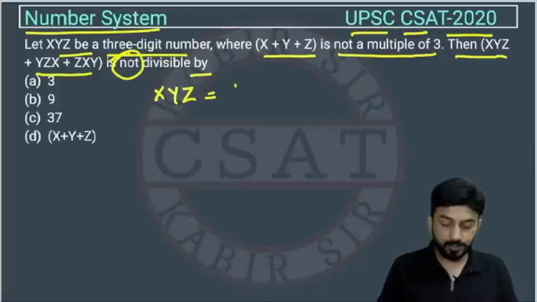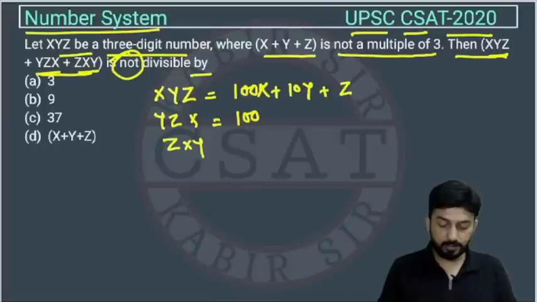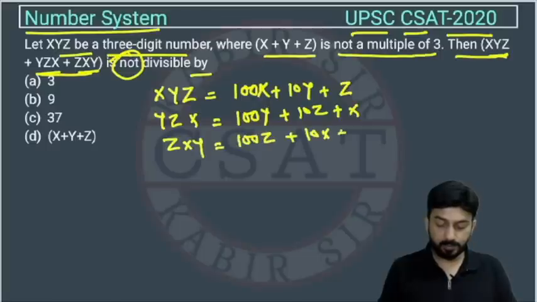So there is the number xyz, so how can we write this number, this xyz can be written as 100x plus 10y plus z, right? Similarly xyz done, now yzx and zxy we also write, right? So this is yzx and zxy, so in this case this will be 100y plus 10z plus x, and in this case 100z plus 10x plus y. Now we have to add all this, right?